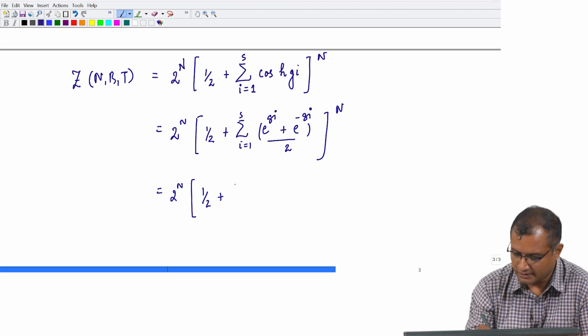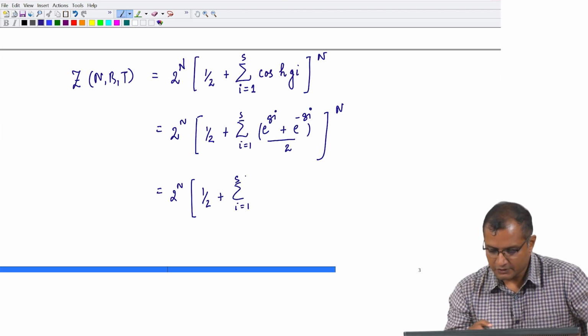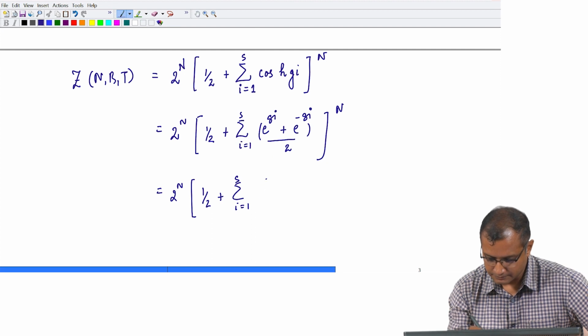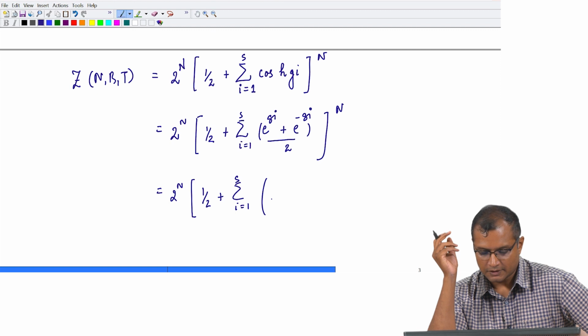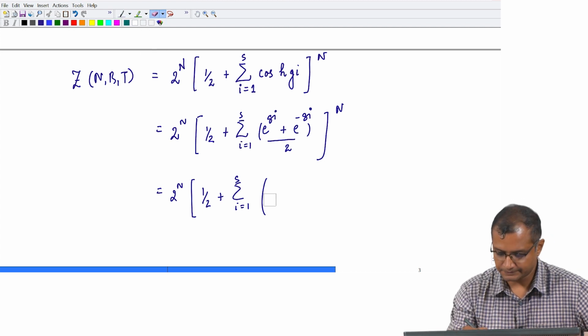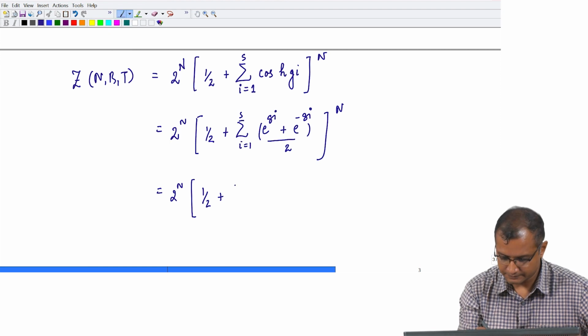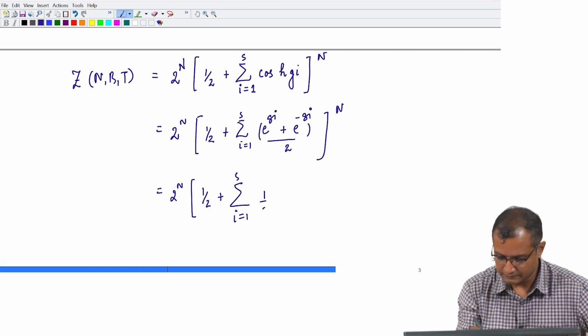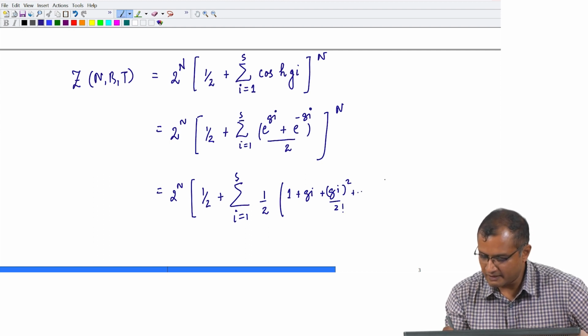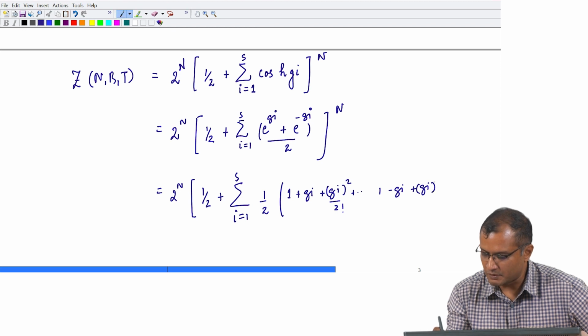So, let us see if we can, so this can be written as e to the power gi plus e to the power minus gi by 2 can be written as, so I will take the 1 by 2 outside, and write down this as 1 plus gi plus gi the whole square by factorial 2, and for the minus gi I will write down 1 minus gi plus gi the whole square by factorial 2.